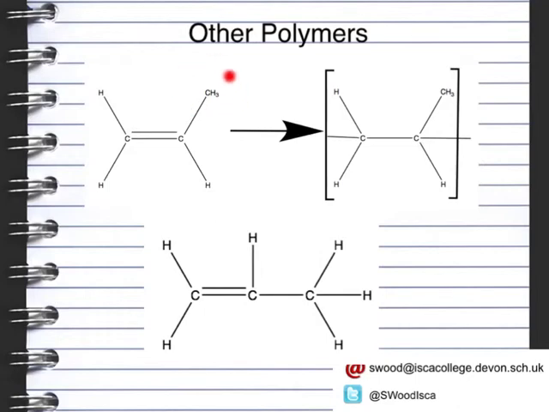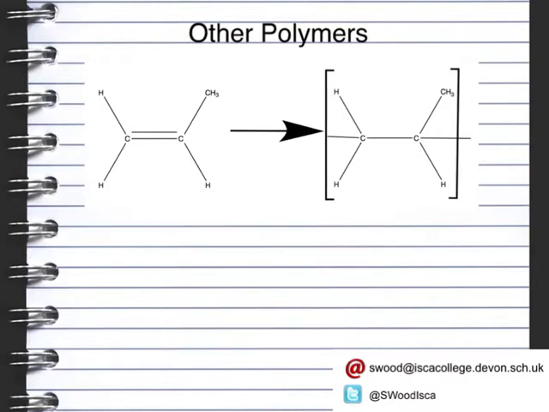So this carbon with 3 hydrogens relates to this carbon with 3 hydrogens. When we react our n number of these, we will form this polymer, and you can see that you've got the same structure, however you've got the CH3 from here. So our monomer for this is propene, which makes our polymer polypropene. You will see as well that you have the name of the monomer in brackets to show what it was made from.